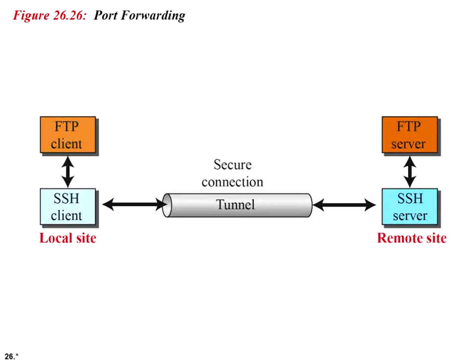Here you can see that the SSH port forwarding mechanism creates a tunnel through which the messages belonging to other protocols can travel. For this reason, this mechanism is sometimes also called SSH tunneling, because here we are using a tunnel.